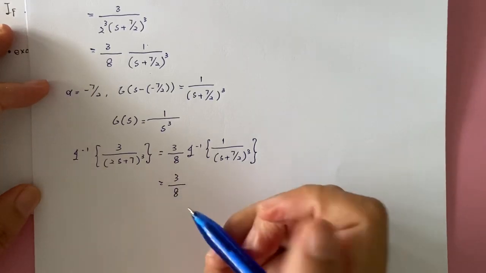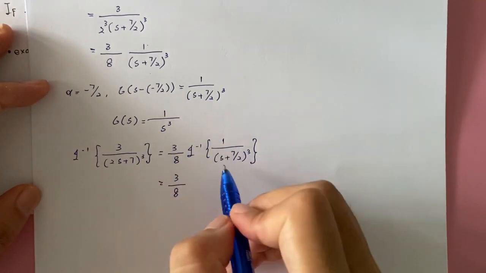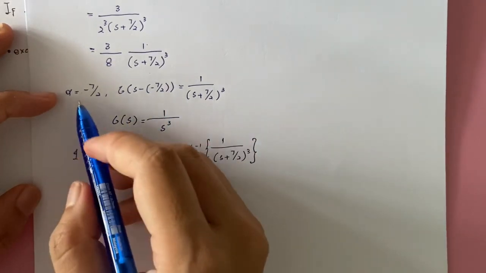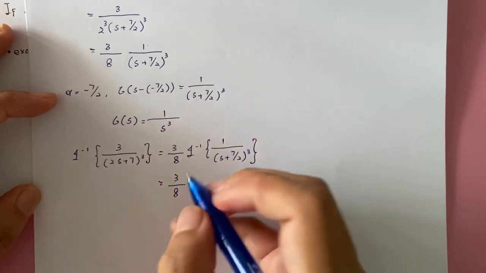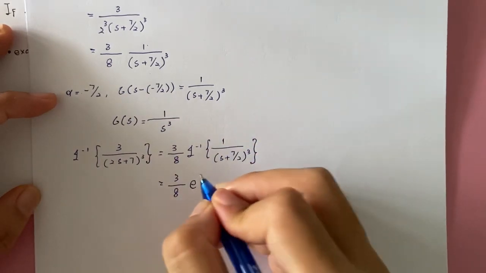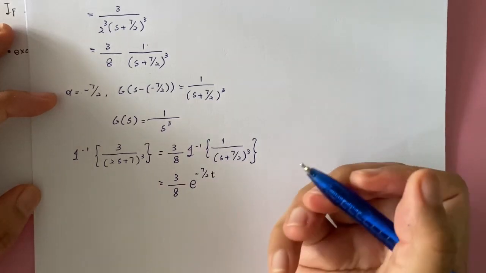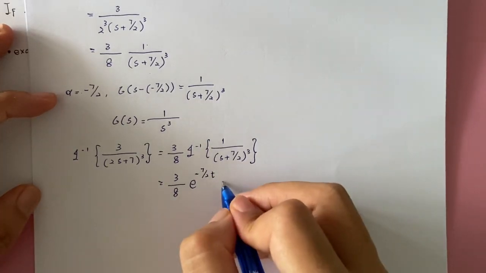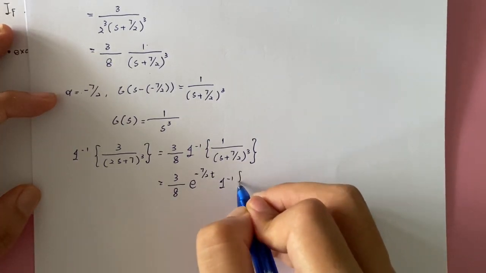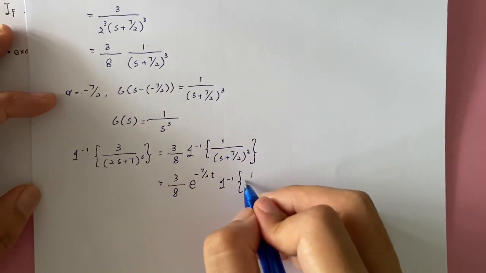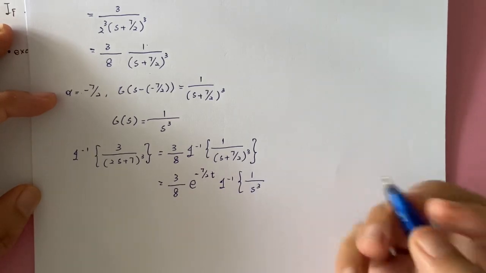Using the first shifting property, your alpha is minus 7 over 2, so you have e^(minus 7 over 2 t), and then find the inverse Laplace for this G(s), which is 1 over s cubed.